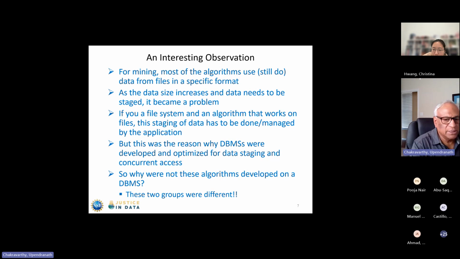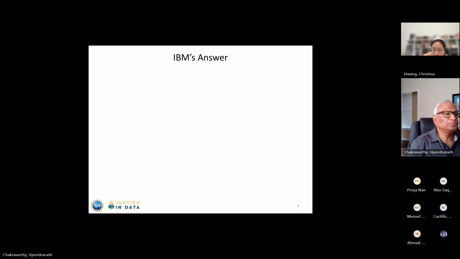So there was not much interaction between these two. But at some point, people realized that there is an issue, because you have to take the data out of a DBMS if it is stored in a DBMS and then feed it to the algorithm. So IBM at some point came up with a solution.